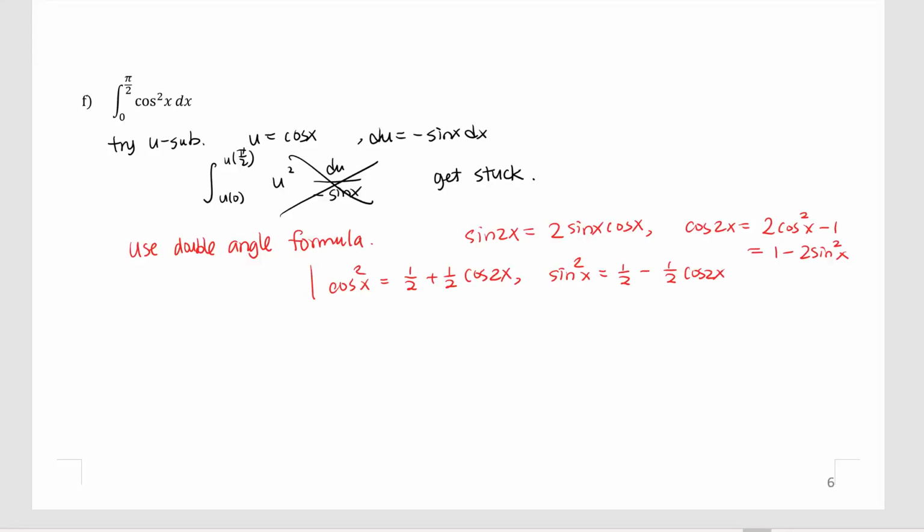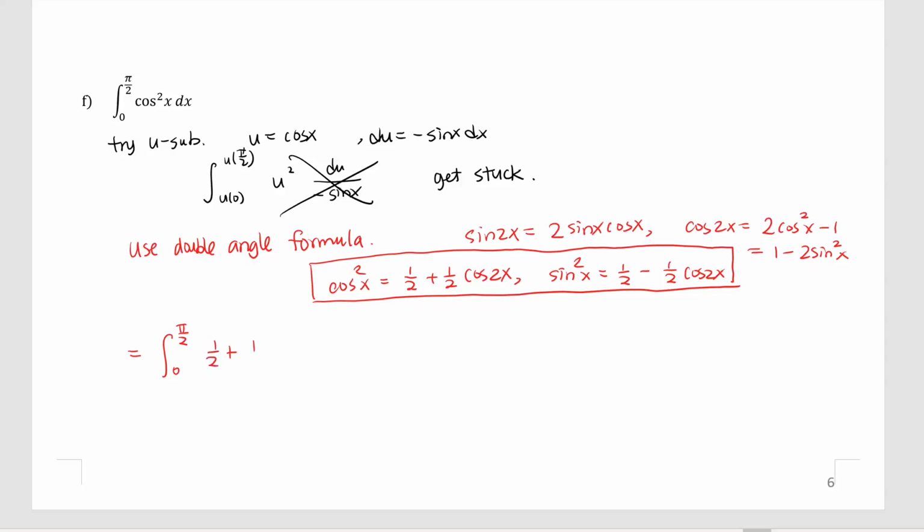Okay, you can see what happened. Using the double angle formula, I double the angle, but I can reduce the power. So our integral becomes from 0 to pi over 2 of cosine squared, which is 1/2 plus 1/2 cosine 2x. You can see now we're able to integrate 1/2 and we're able to integrate cosine 2x.